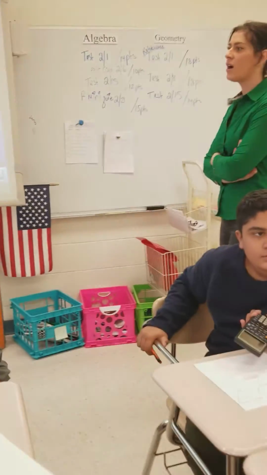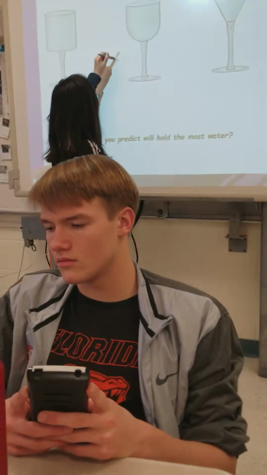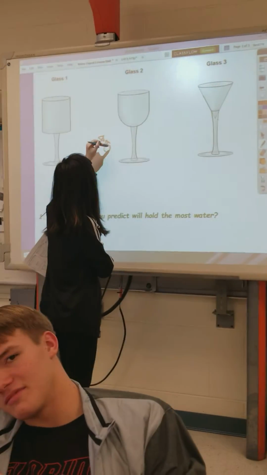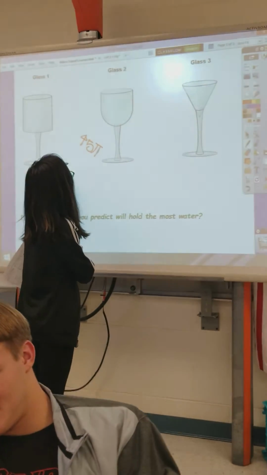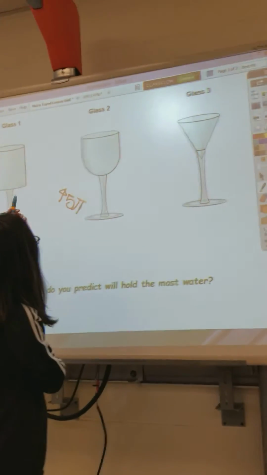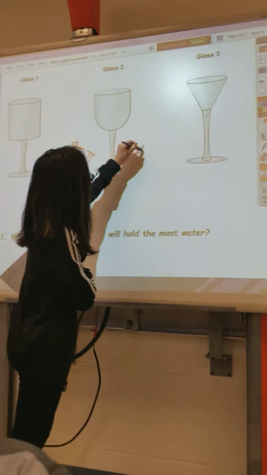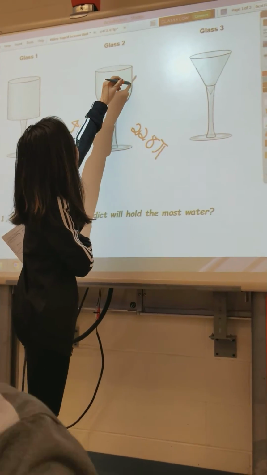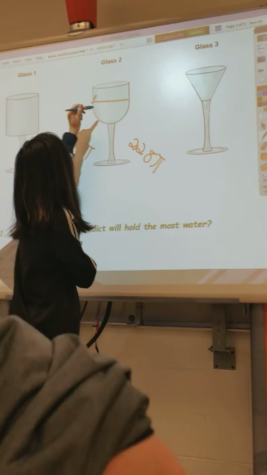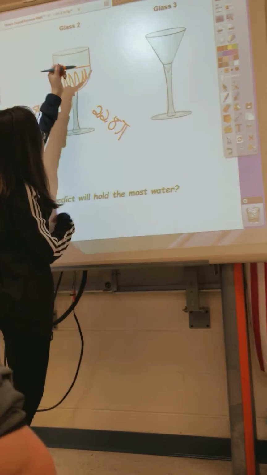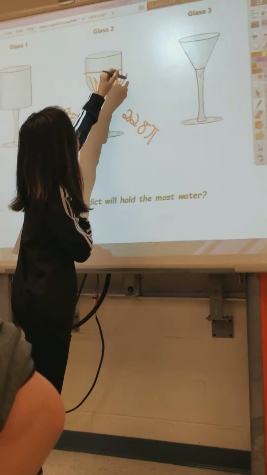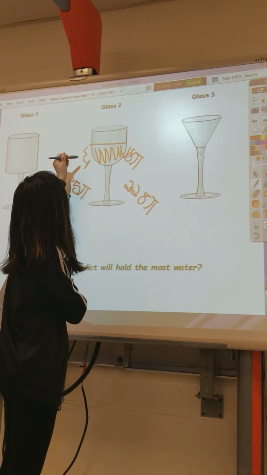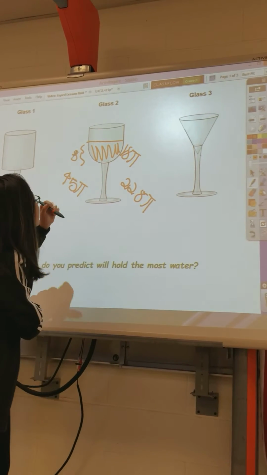Alright, so all eyes up front, please. The entire thing is 45 pi. If we're looking for half of it, then we're looking for 22.5 pi. We also know that this is 18 pi, and this is 3.